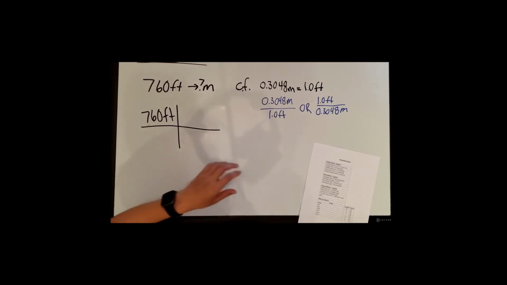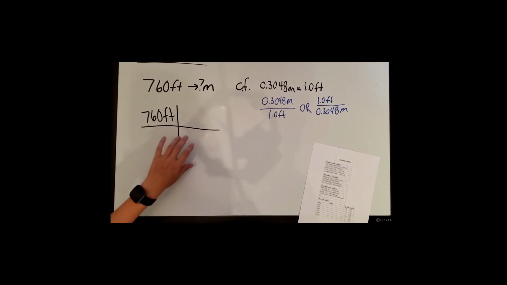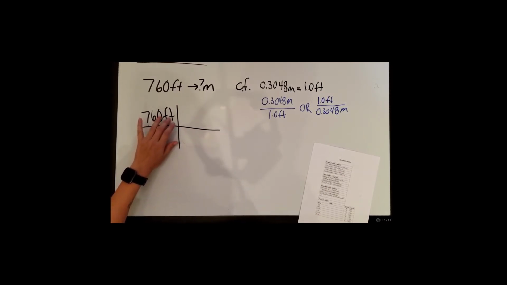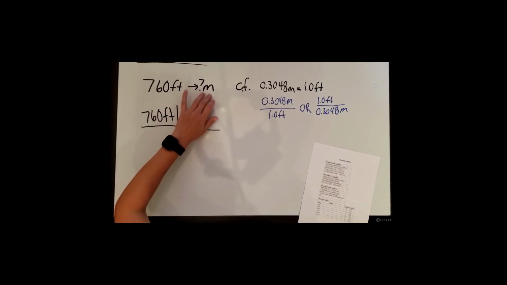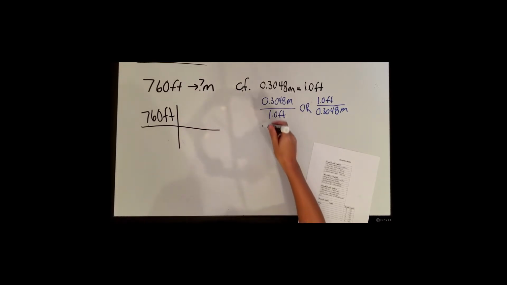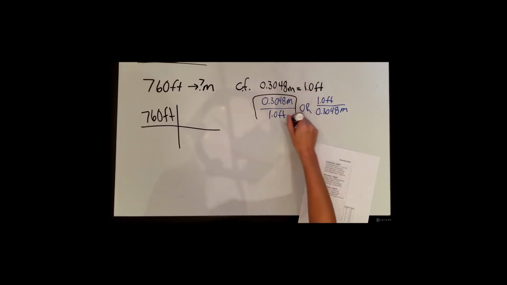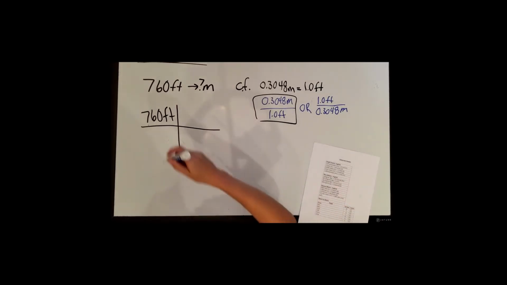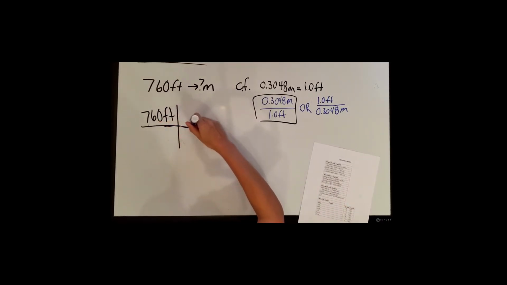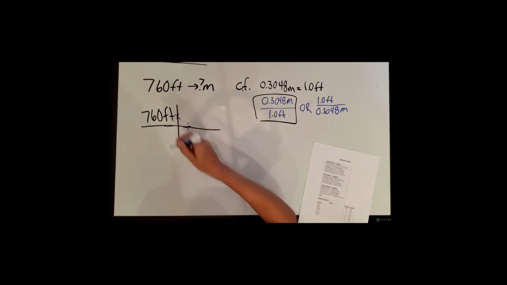So how do we know which representation is going to work best here? Well, in order to figure that out, we're trying to cancel feet, right? We're trying to get rid of the feet, and we're trying to keep or convert to meters. So the one that's actually going to work is going to be this first set. How do I know that? Well, because this horizontal line that we have here is actually a division line. The vertical line is multiplication.